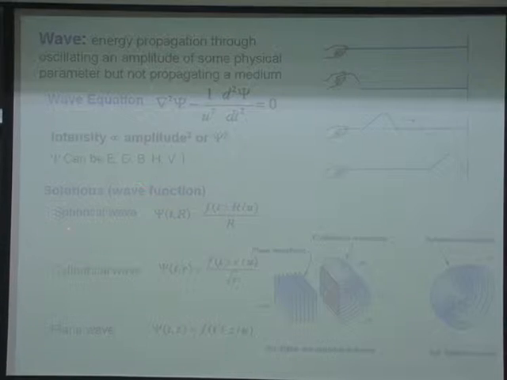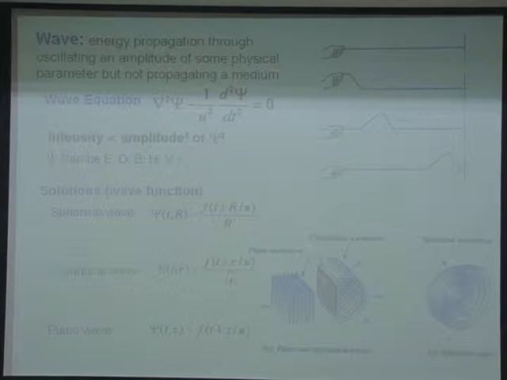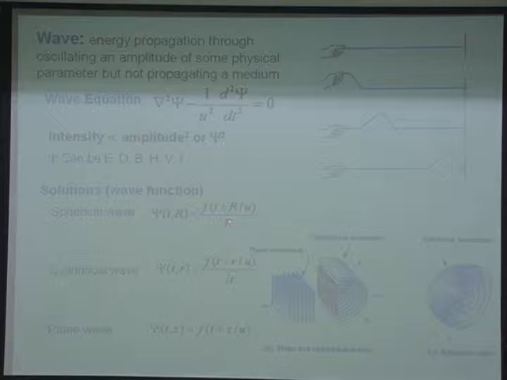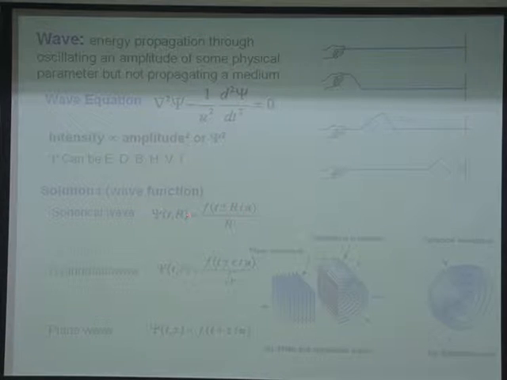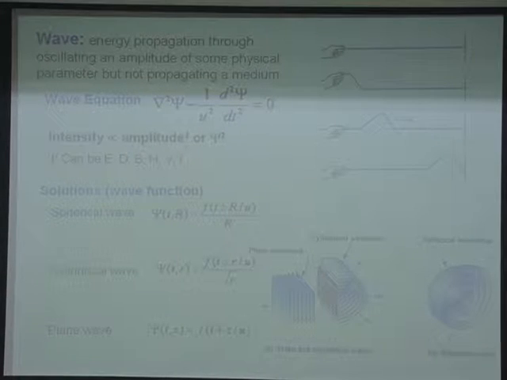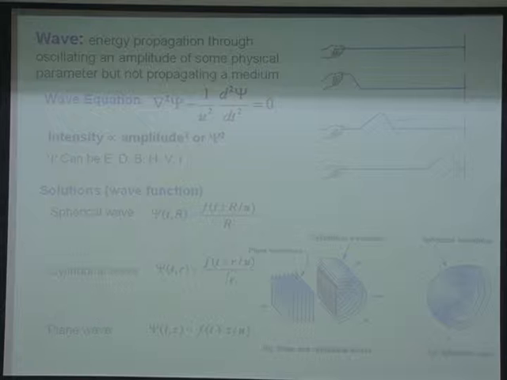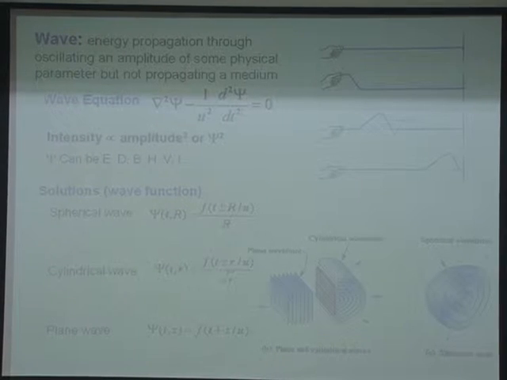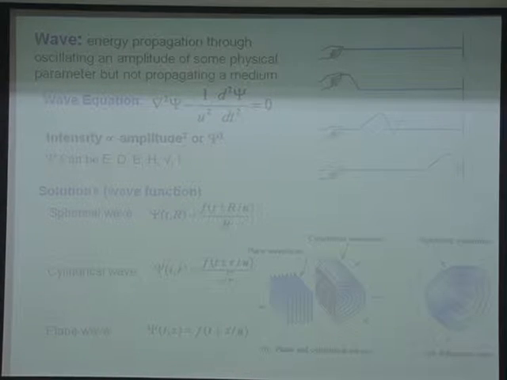For example, if you choose the spherical coordinate system, then this r is the position of your wave amplitude relative to the origin of the coordinate. This r is the distance between the position where you watch the wave's amplitude and your origin.